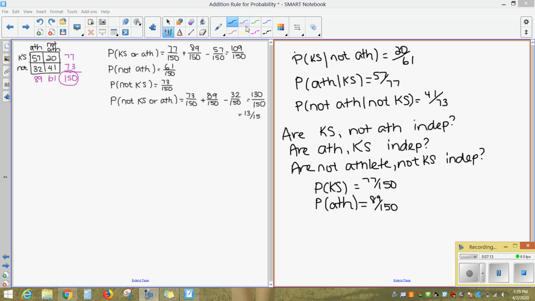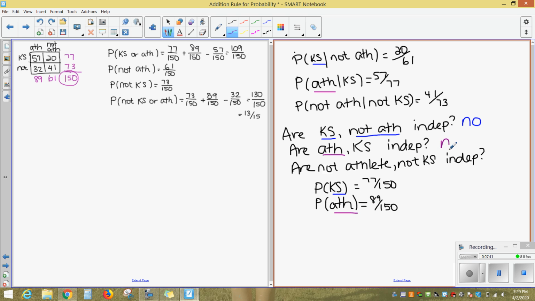To decide whether or not Kansas and non-athlete are independent or not, we need to know if this probability is the same as that. And since they're not, we say no. Here we need to see if this probability, given that we're from Kansas, is the same as this probability, and it's not.